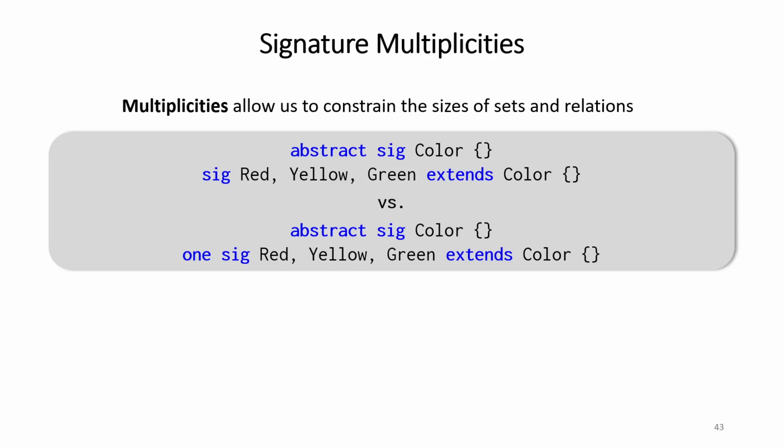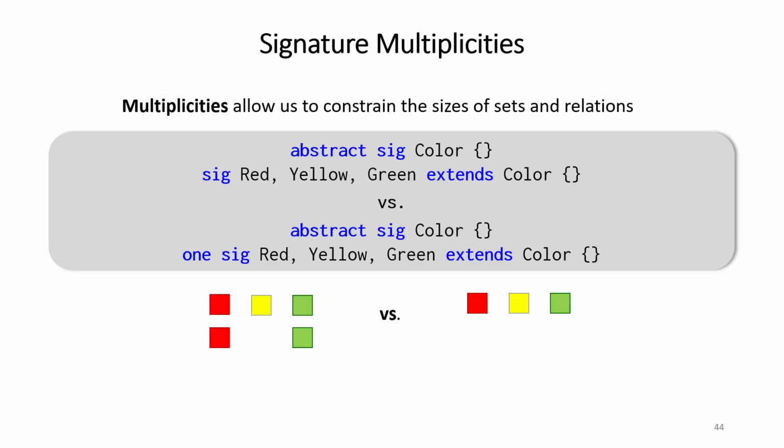So if I say I want 3 colors, then I could get red, yellow, green, for example, but not red, yellow, green, and another one, because this would already be 4. If I don't want red to appear twice, then I could simply say one sig. Then this means that all of them can have exactly 1 instance.